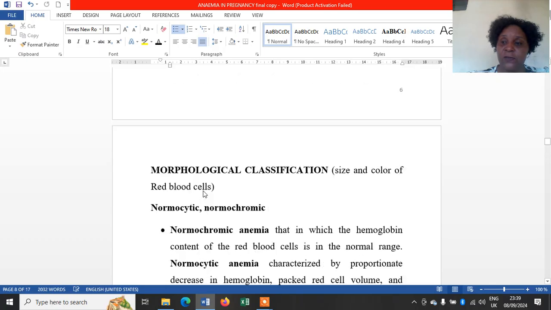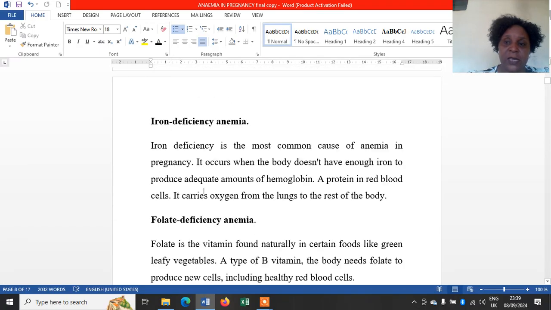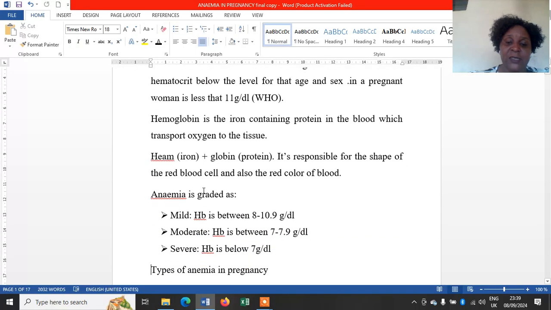As above, in the first paragraph, like we said, mild anemia in pregnancy is 10 to 10.9 grams per deciliter. Moderate anemia is 7 to 9.9 grams per deciliter, and then severe anemia is a hemoglobin level below 7 grams per deciliter.